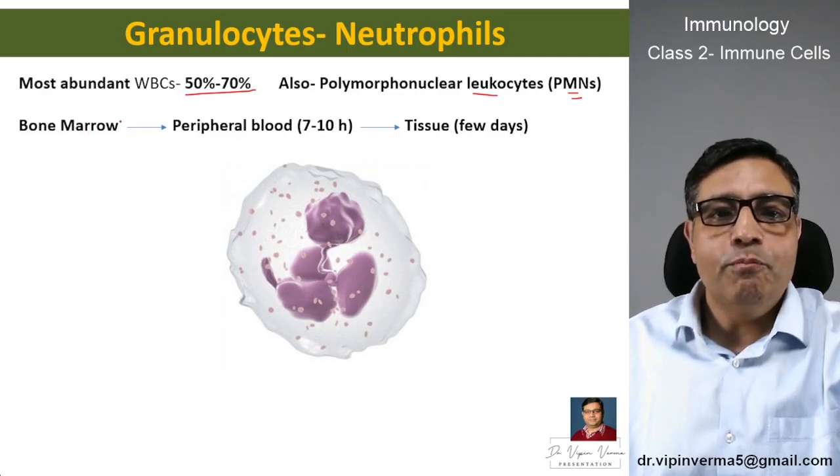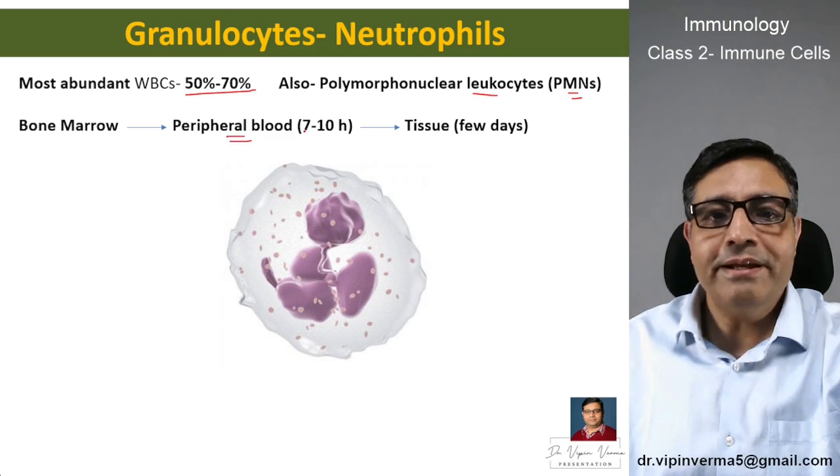They are formed in the bone marrow, then they go to the peripheral blood, where they stay around 7 to 10 hours, and then they move to the tissue and remain there for a few days. That's how they start from the bone marrow and finally reside in the tissues.